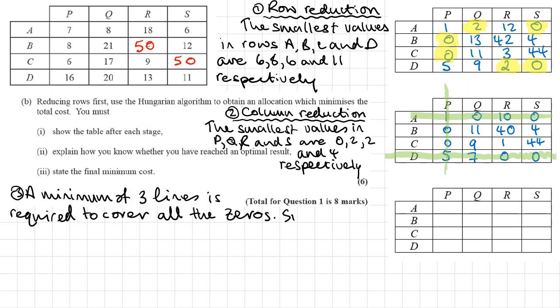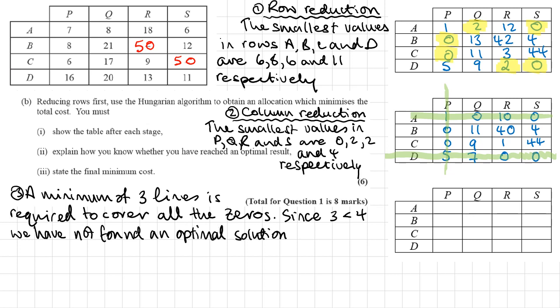So since 3 is less than 4. And remember, the 4 comes from the dimension of the matrix, which is 4 times 4. Since it's less than 4, we have not found an optimal solution. And it can be improved, which is what we're going to do now.